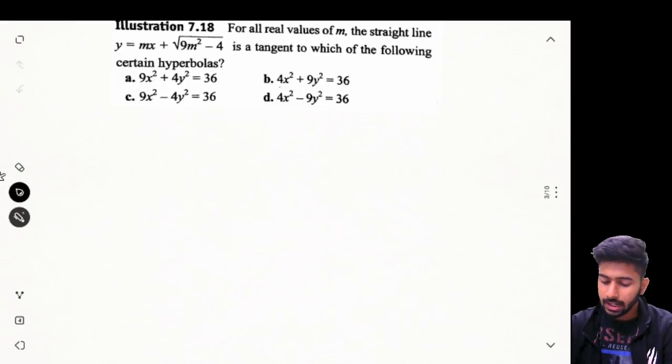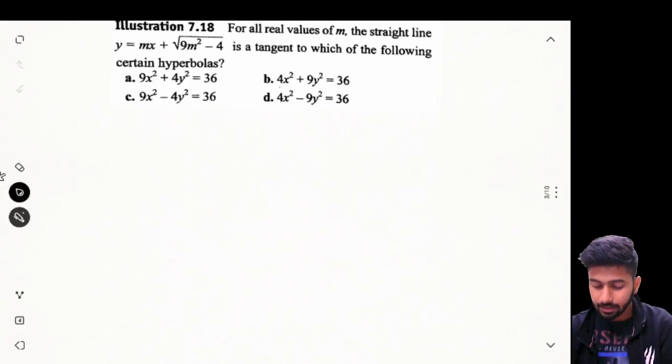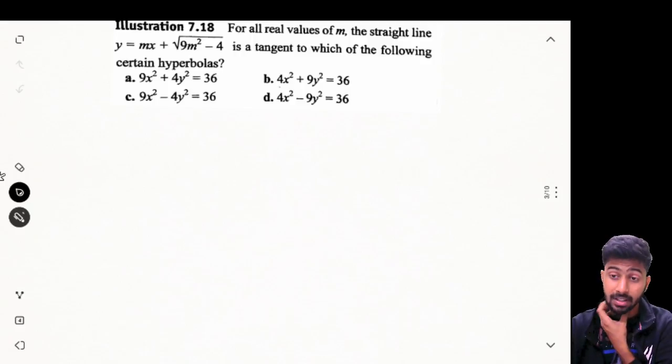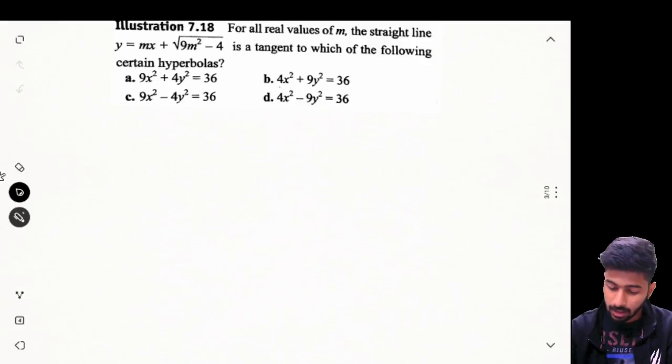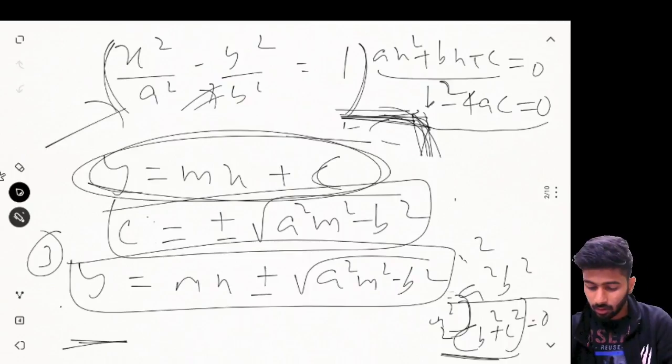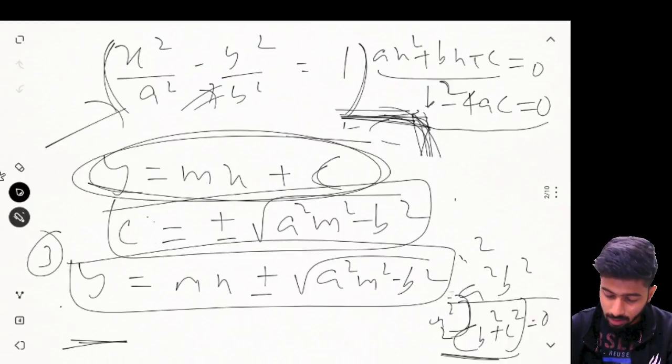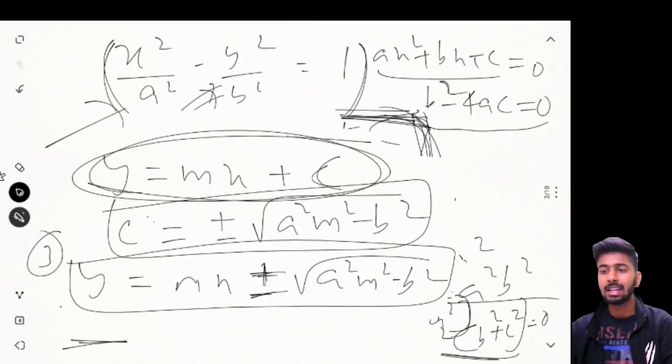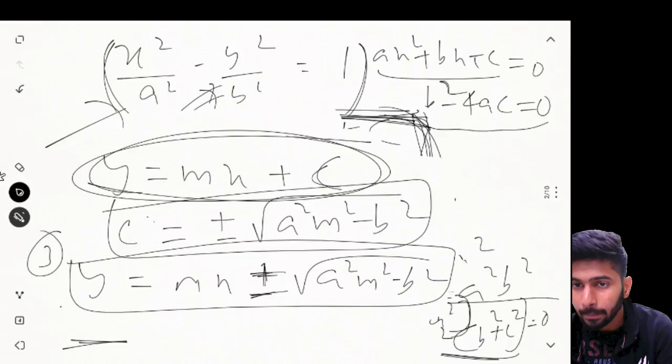So for all real values of m, the straight line y is equal to mx plus under root. So what do you mean by plus or minus? This is something slightly confusing, but it's actually not.